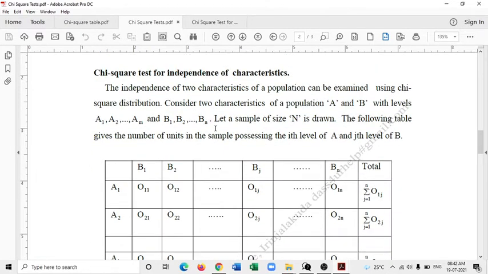The next application of chi-square distribution is for testing independence of characteristics. Here we will consider two characteristics, A and B. So we have m levels of A and n levels of B. So there are m into n cells.